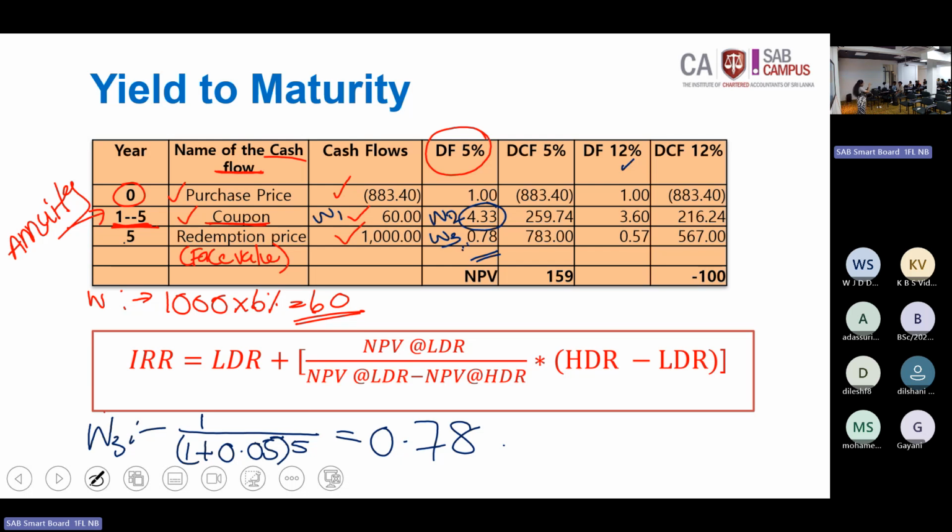The next column, second discount factor. Calculate the discount factor for 12. Identify the discount factor for 12.